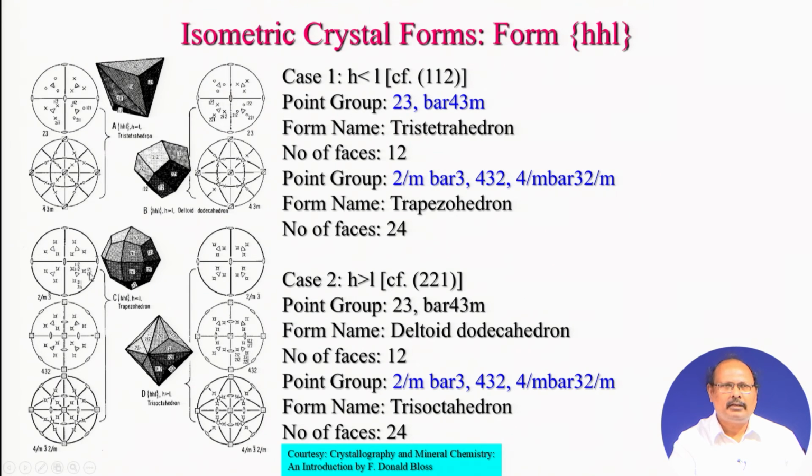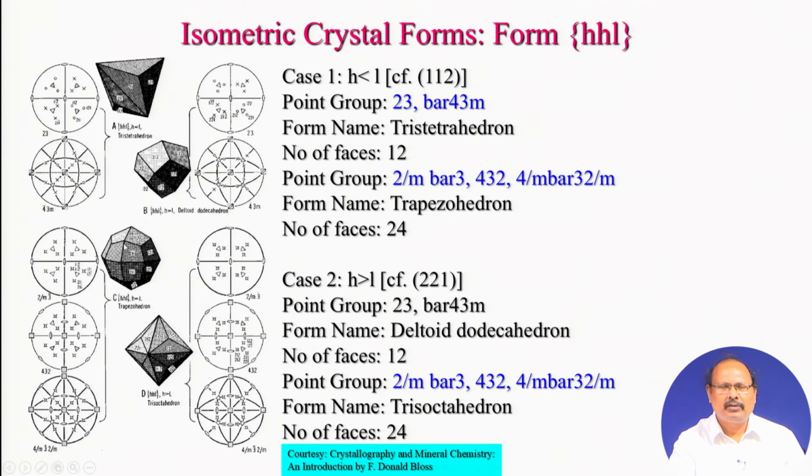So, at each place here you have 1, 2, 3, there are 2 faces here. This is true everywhere here. So, here you have 12 faces, 12 into 2, that means you have 24 faces, and these 24 faces present in 2/m bar 3, 432 and 4/m bar 3 2/m, we call a trapezohedron.